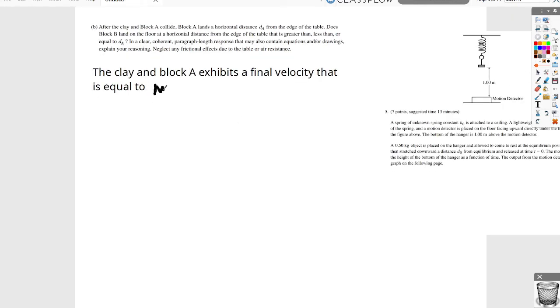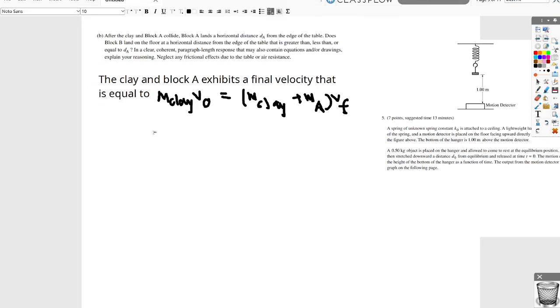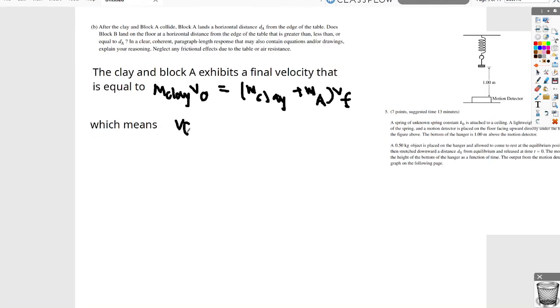So it'll be m clay v clay, or I'll say v naught, is equal to m clay plus mA times v final. Which means v final is equal to m clay v naught over m clay plus mA.